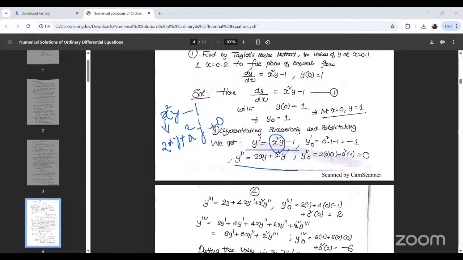So that is y double dash. At the point, we are getting y naught double dash equal to 0.